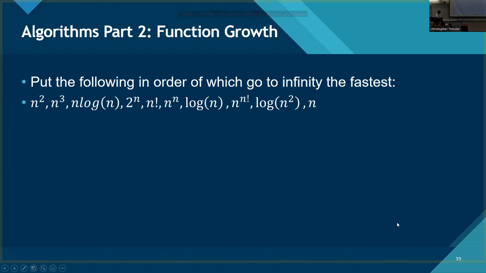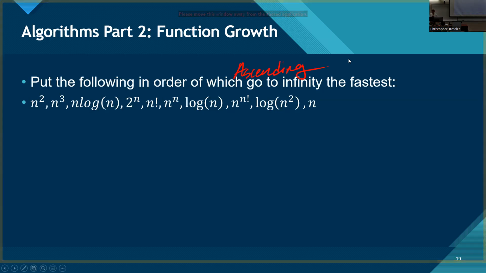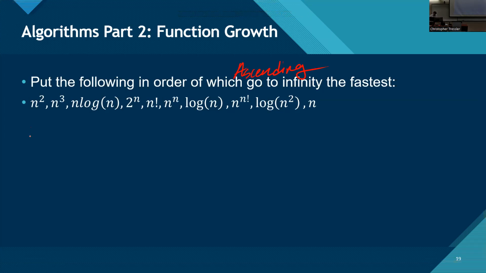So if I look at these, you guys want to help me? Let's put these in. What's the first? Any guesses on what the first one is looking at this list? Oh yeah, I was going to do ascending order. Ascending order, so the slowest one first. Yeah, log n. You were right going descending, but I didn't specify that, so that's my bad.